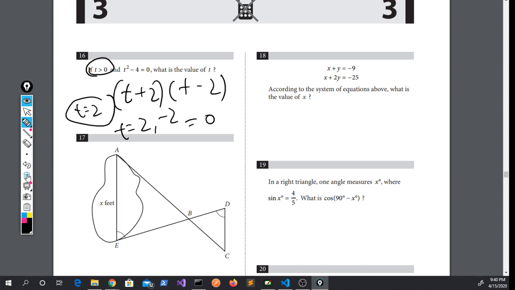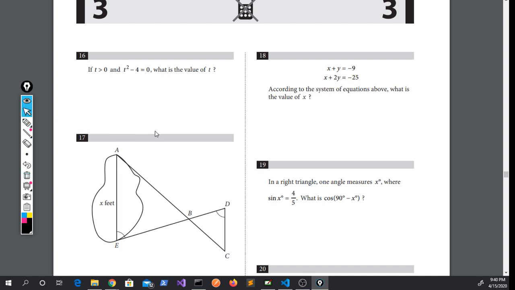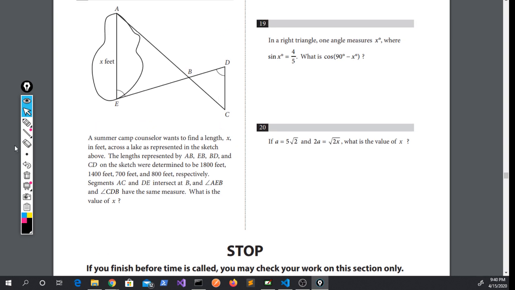Okay. AB is 1800. EB is 1400. BD is 700.